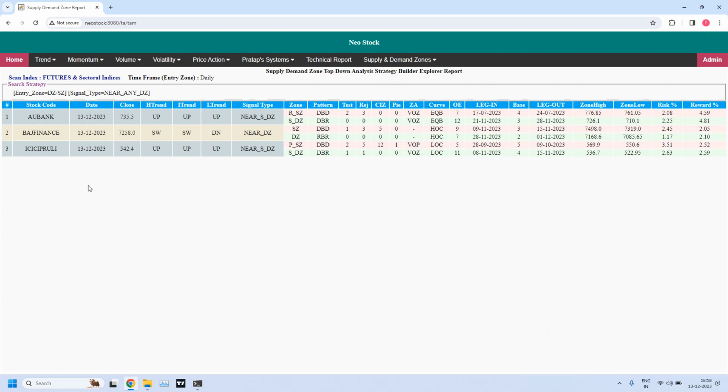And this is the filtered list. 3 stocks are identified, and we have 2 high liquidity zones. One is AU Bank, a high liquidity daily demand zone, and ICICI Prudential is also a high liquidity demand zone, but it is already tested once. AU Bank is a fresh zone.